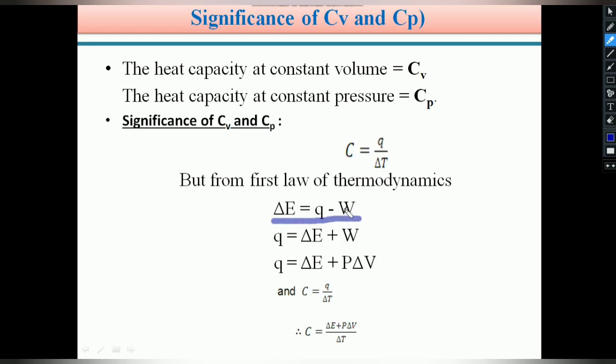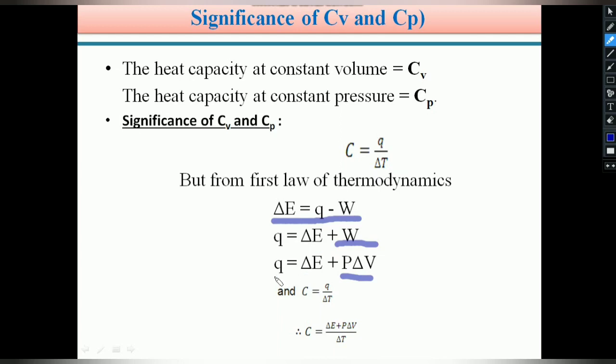If we bring this minus W towards the left side, the equation becomes Q equals delta E plus P delta V. And we know, students, from the earlier module, that work in terms of pressure and volume is W equals P into V2 minus V1, which is nothing but P delta V. Therefore, in place of W, I placed P delta V. That value is substituted here.